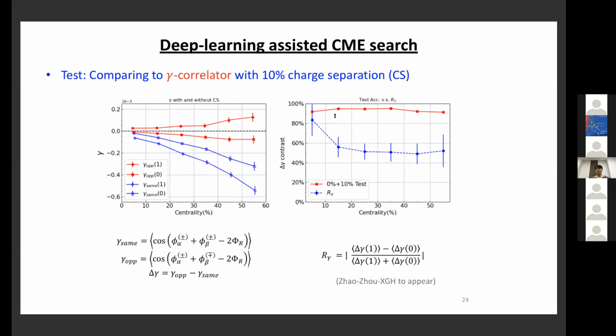And we make a comparison between this R gamma and our machine. As you can see, the machine behaves much better than this gamma correlator in this 10% test set.